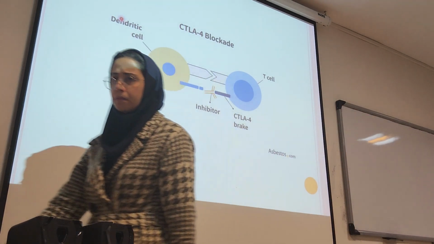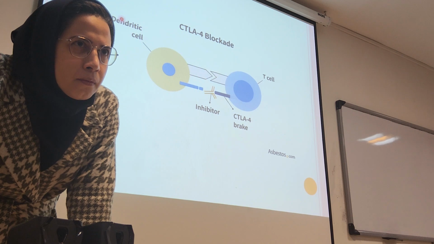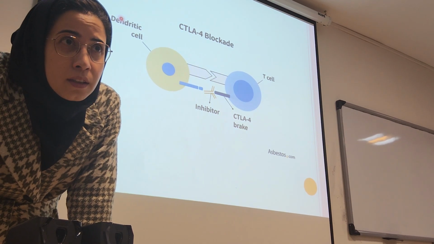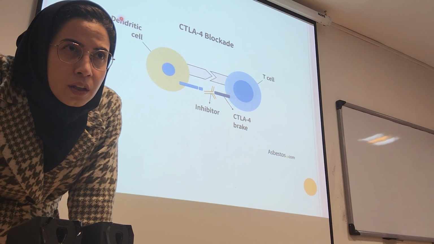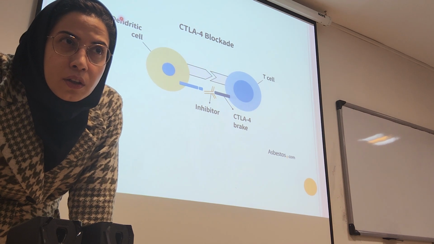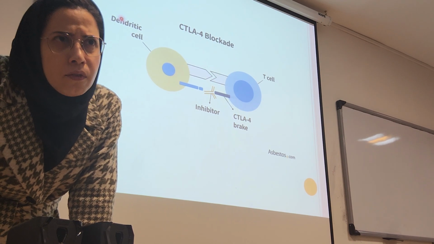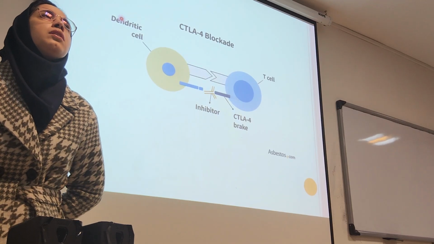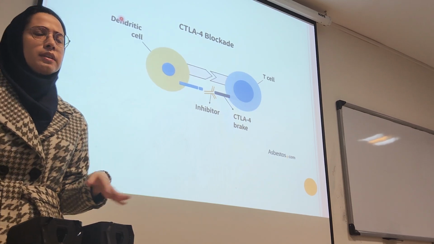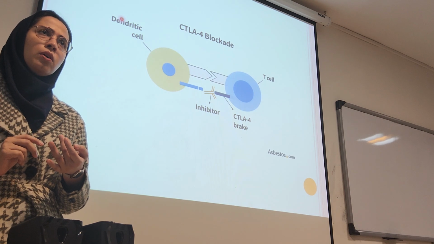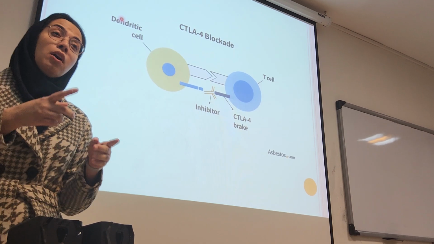So for a tumor related to the thyroid gland, we are going to use a medication that inhibits CTLA4, to kill the tumor cells. There are different types of diseases in which it is used: gastric cancer, prostate cancer, and in skin, some squamous cell carcinomas and melanomas.